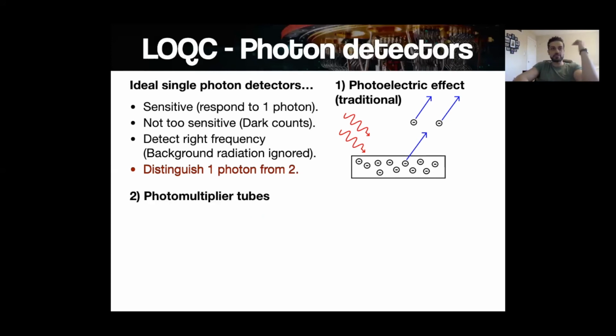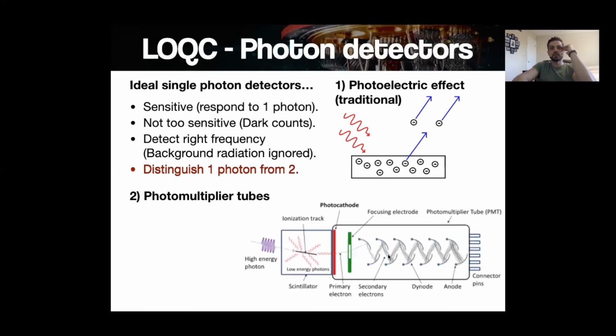Practically, there are different ways you do it now. I'm just going to mention one here, which is a photomultiplier tube. In the photoelectric effect, in this picture, I'm shining a huge amount of light onto the metal, but I want to be able to detect single photons. So how do I do that? Well, I have a photon hit a cathode.